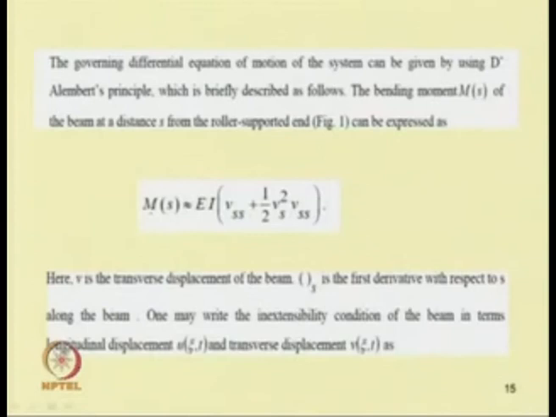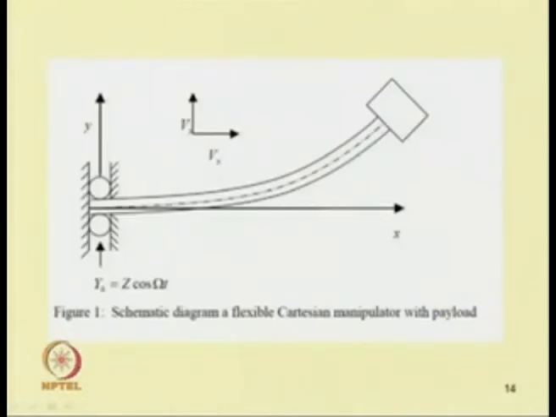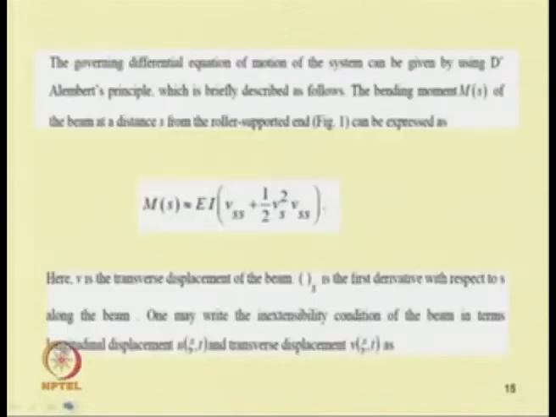So this moment at any section, if you take the moment at a distance S, will be written as EI del square v by del s square plus half del v by del s whole square into del square v by del s square. Here some terms have been neglected and one can get this equation.